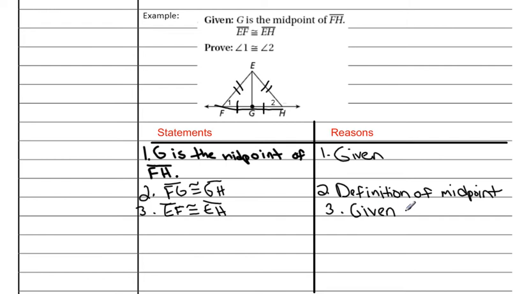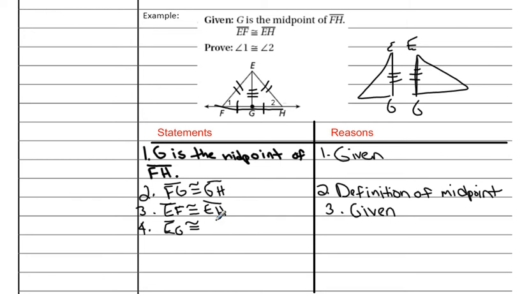It was a given. Now if you look at your picture, notice this guy here, EG, and I've always told you, mark your shared side, always. Well, we have marked it, but we have to write down what we marked. Technically, if I were to separate these two triangles out, I have technically marked side EG congruent to side EG, which sounds redundant to say or write, but in a formal proof we have to include everything we've marked.